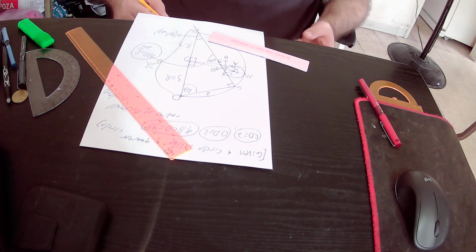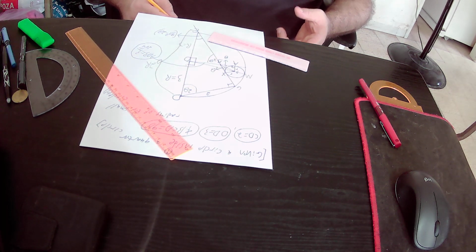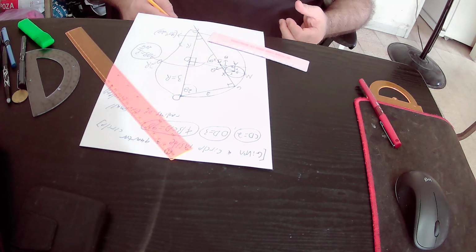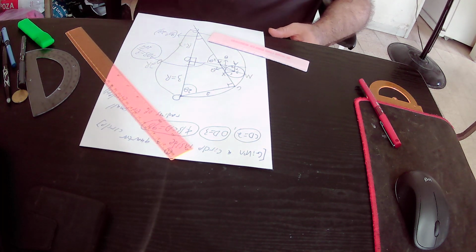Actually, point M is the touching point of the small circle with the big circle, and MO is also the radius of the semicircle.